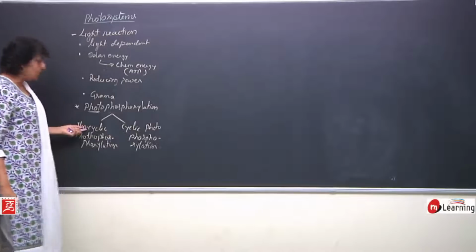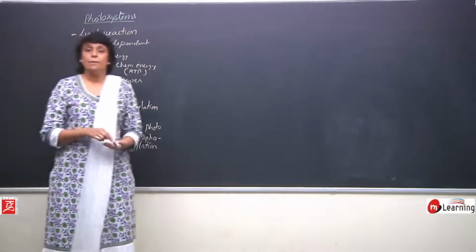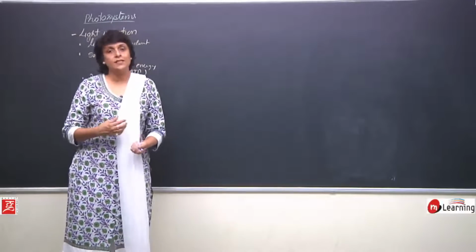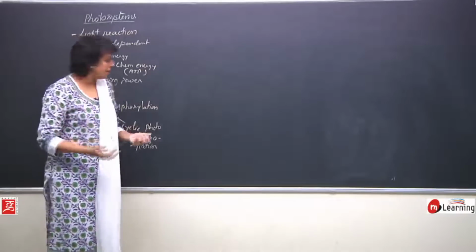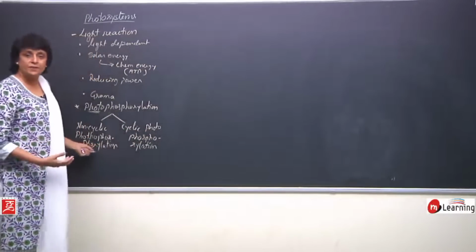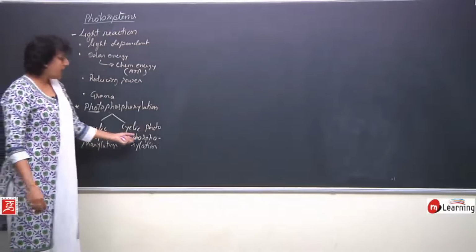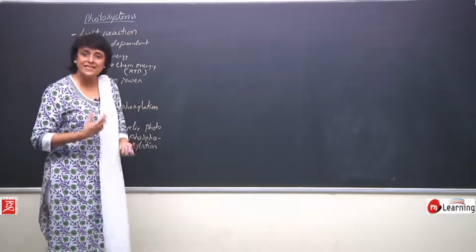The reason I have written non-cyclic first is because it is predominantly non-cyclic which takes place. So if we have to just divide percent wise, about 80 to 90% of the time it is non-cyclic, and about 10 to 20% of the time it is cyclic.